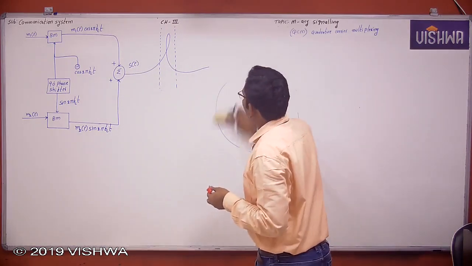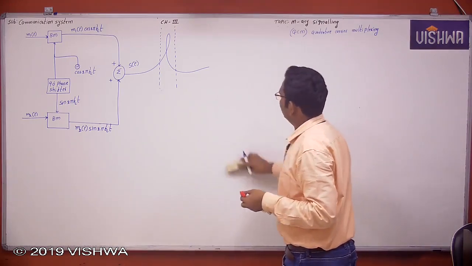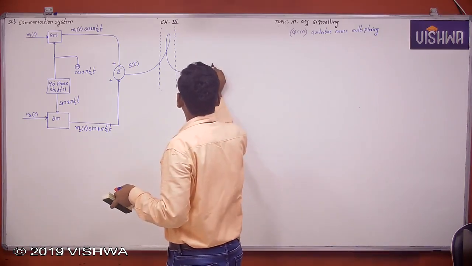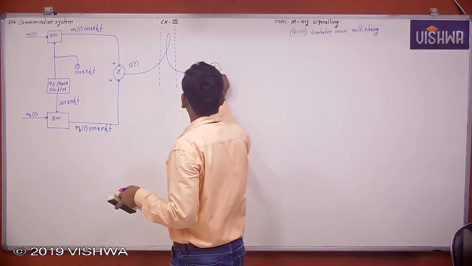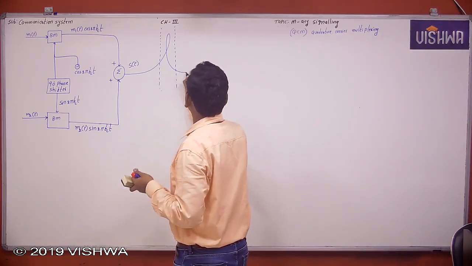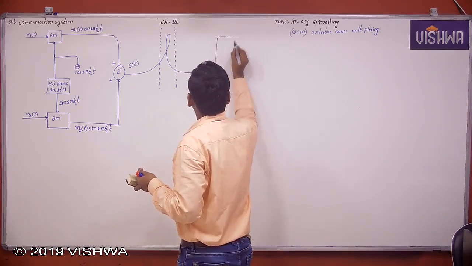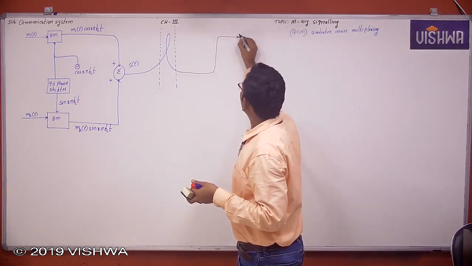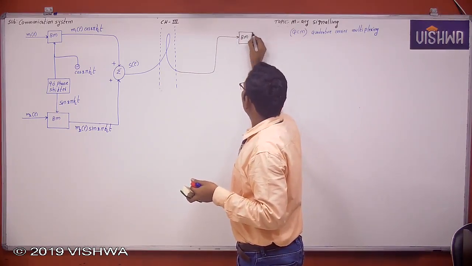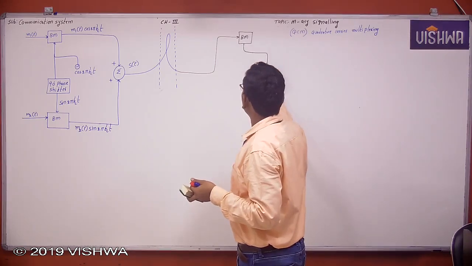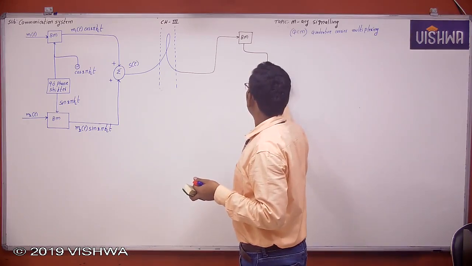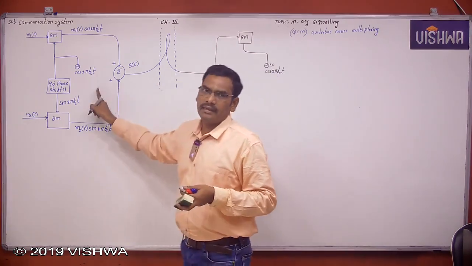Now at the receiver, again the same product modulator or balanced modulator, all are the same. Now I use a local oscillator here. The local oscillator is used to generate the carrier frequency which is used at the transmitting side.